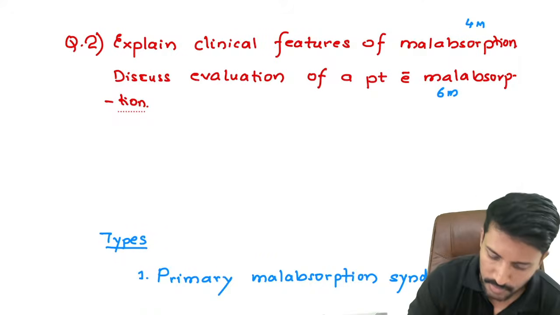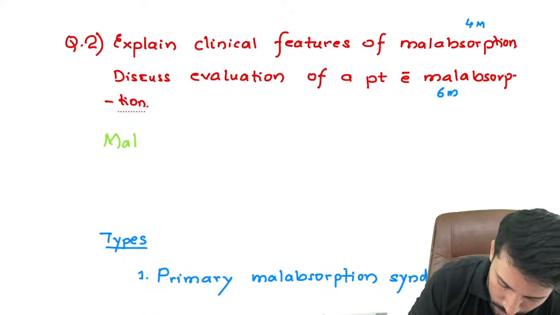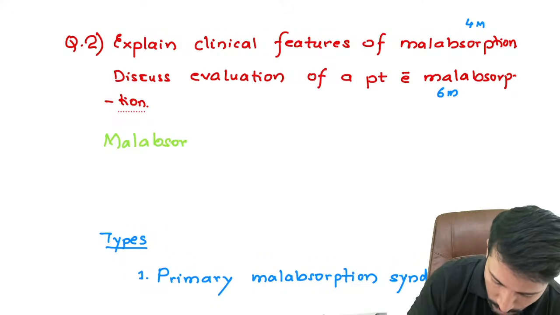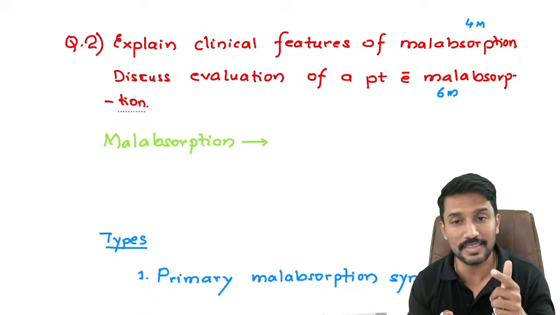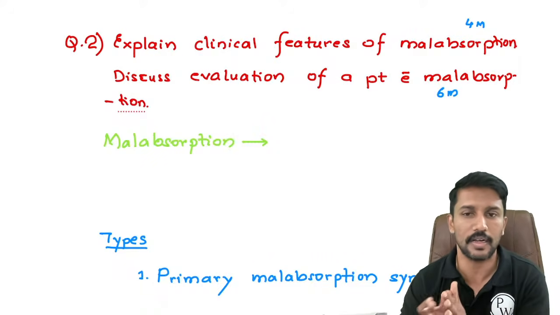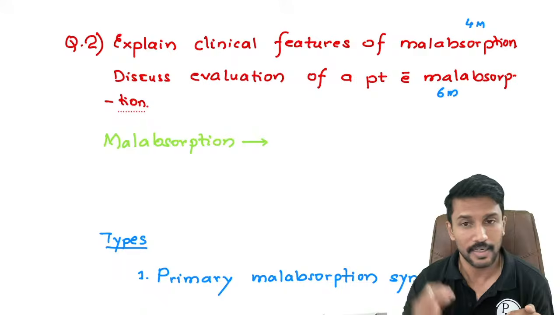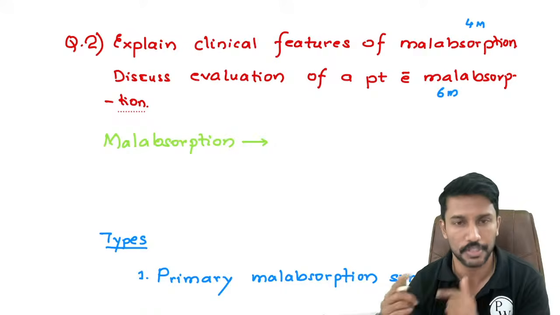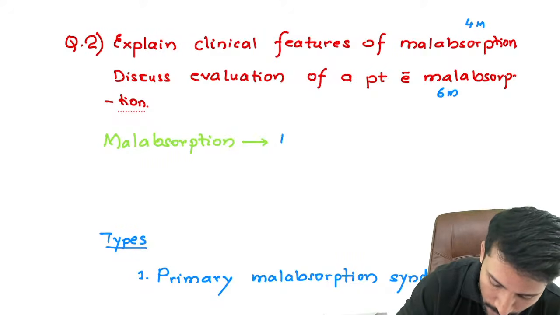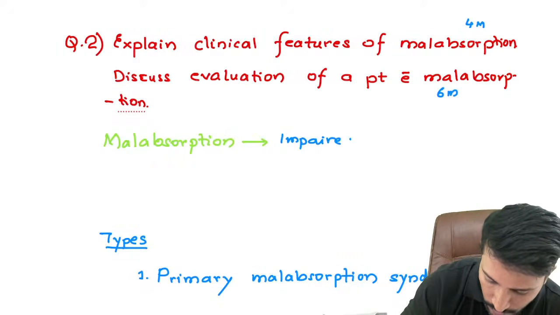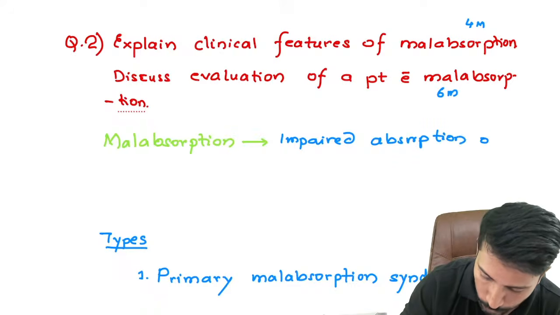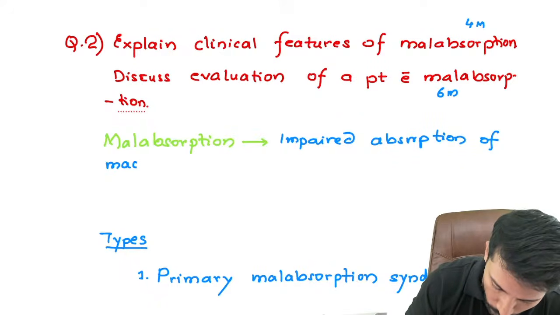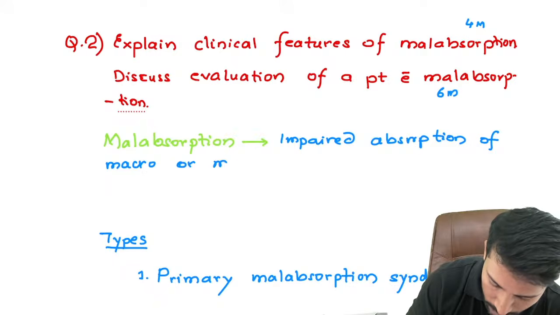Okay. So now let us begin with the definition. What is malabsorption? So malabsorption refers to impaired absorption of macro or micronutrients despite adequate dietary intake. Patient is taking less, it's not malabsorption, it is malnutrition, right?